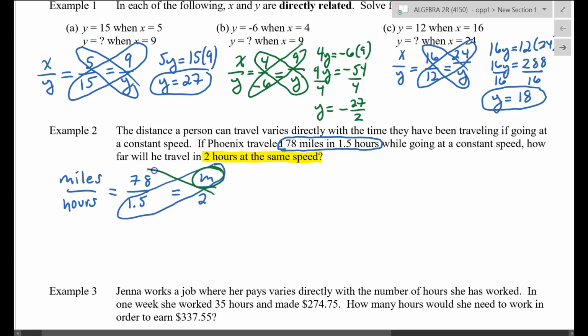Okay, good. So I have 1.5 M equals 2 times 78. What is that? It's 156.